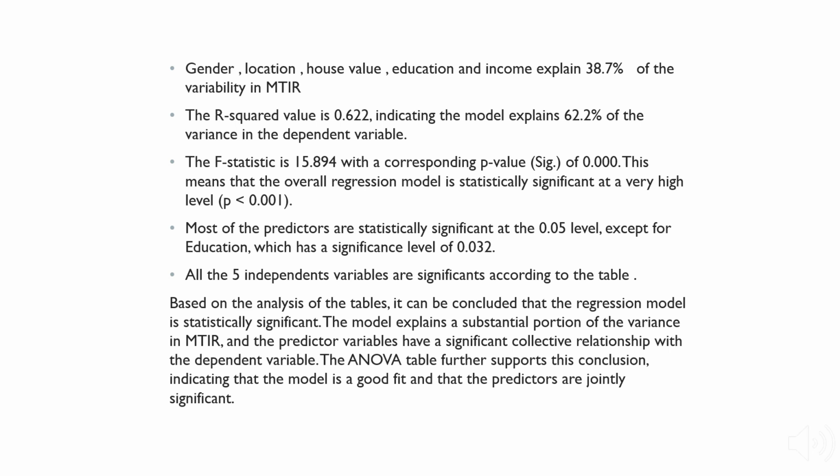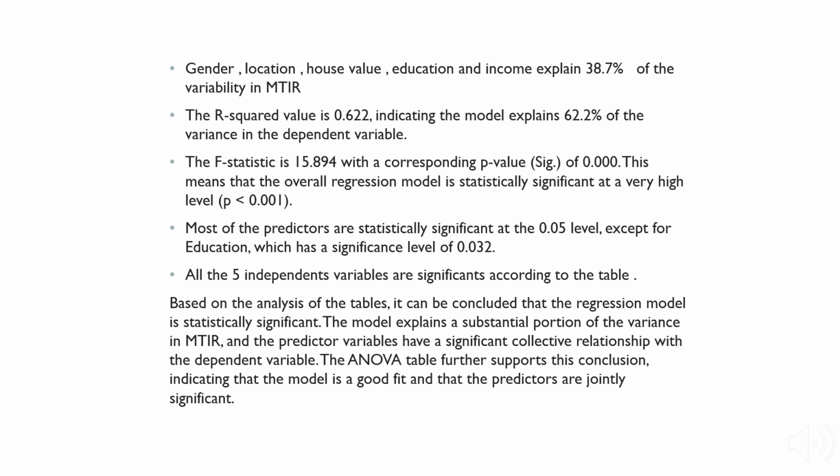The F statistic is 15.894 with a corresponding p-value of 0.000. This means that the overall regression model is statistically significant at a very high level. Most of the predictors are statistically significant at the 0.05 level, except for education, which has a significance level of 0.032. All the 5 independent variables are significant according to the table.